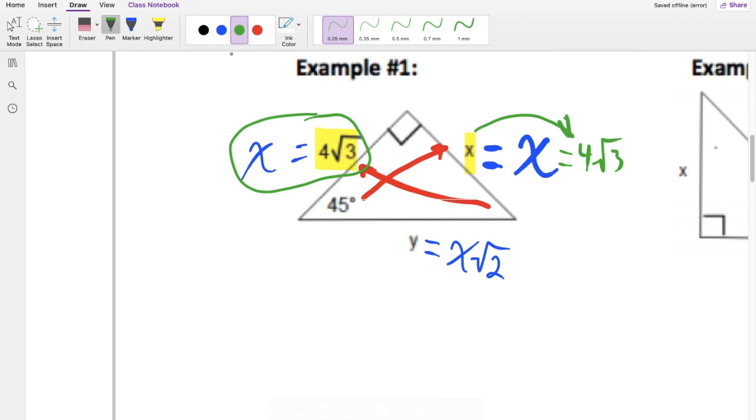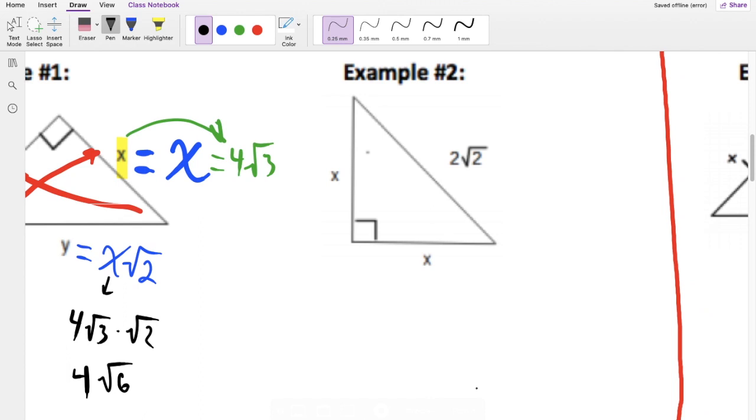So plugging in the value for x, I get 4 times the square root of 3 times this square root of 2. This is just multiplying radicals together. All I have to do is multiply the coefficients and multiply the radicands. My coefficients are 4 and 1, and my radicands are 3 and 2. So this is just 4 times the square root of 6.